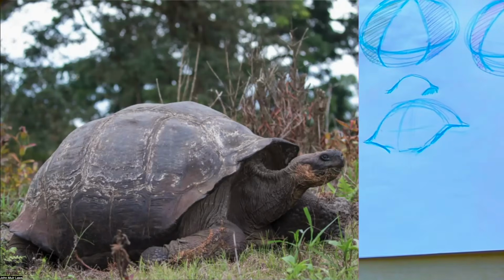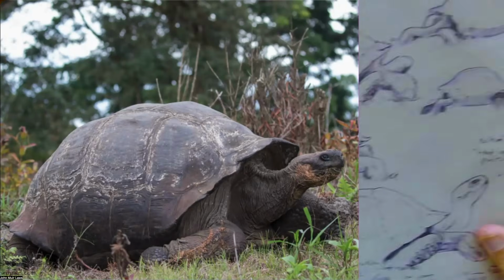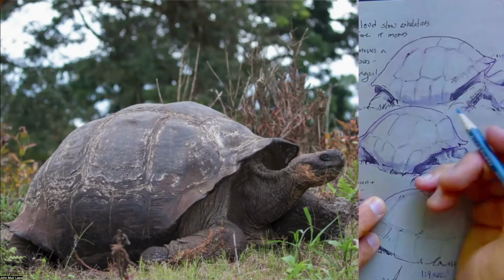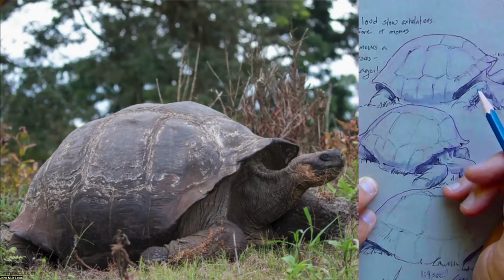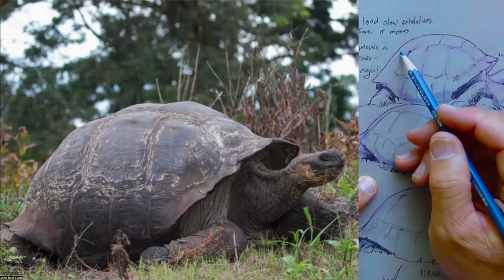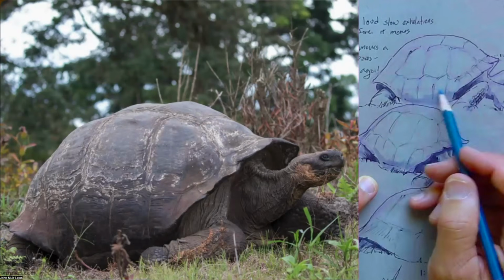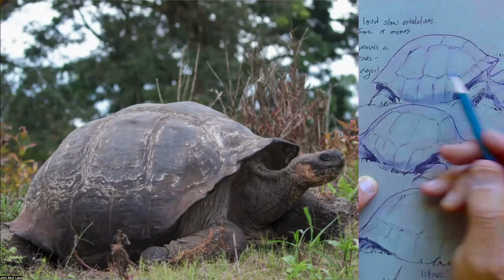Actually, this might be a good place to pull out one of my sketches. Yeah, that shows it pretty well. So there's a zone of plates that goes across the top, there's a lower one, and then there's this middle one.